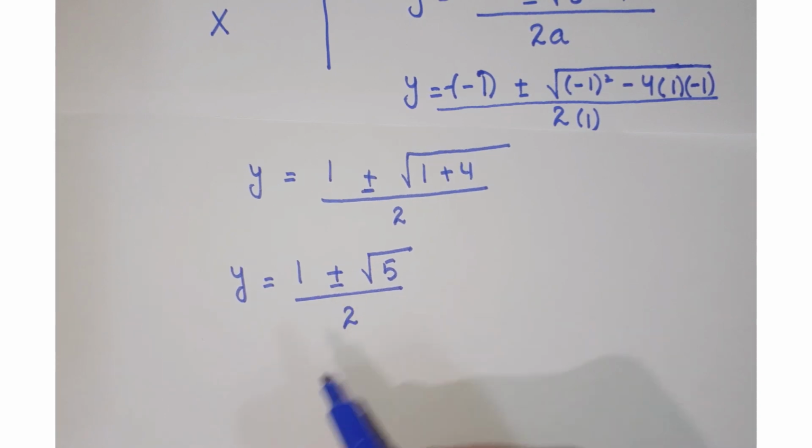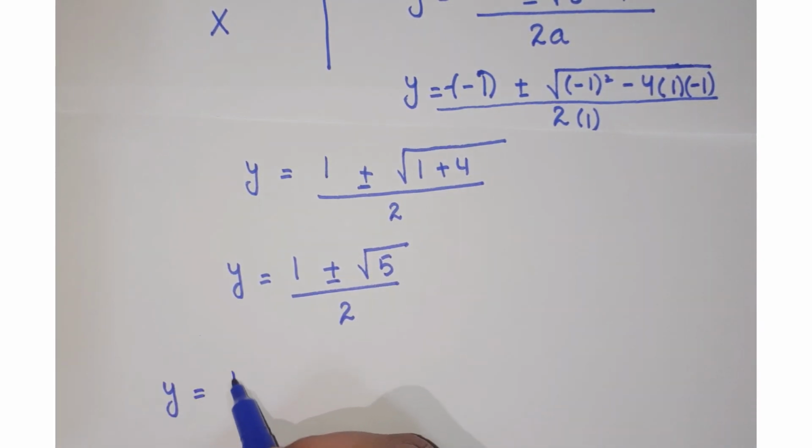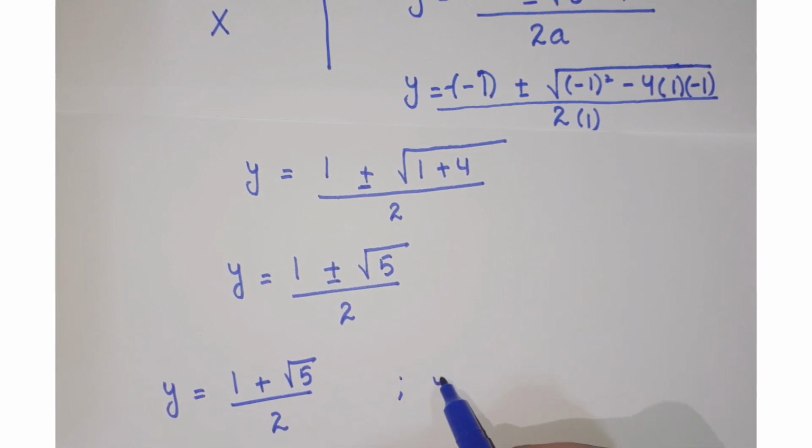So we have two solutions: y is equal to 1 plus under root 5 upon 2, and the other solution is y is equal to 1 minus under root 5 upon 2.